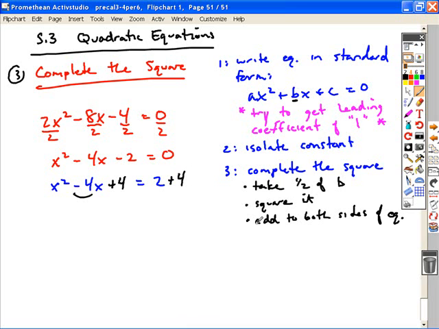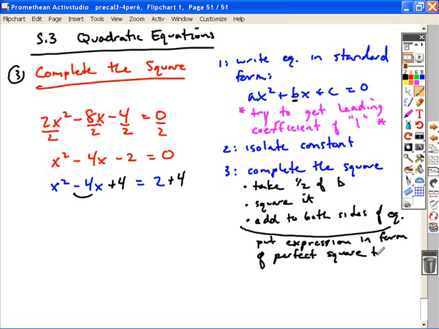And what completing the square allows you to do is put the expression in the form of a perfect square trinomial. And perfect square trinomials are the polynomials that allow you to factor into a binomial square.